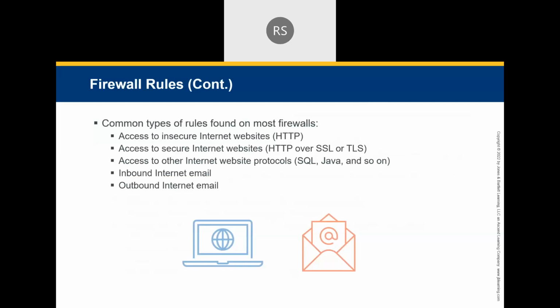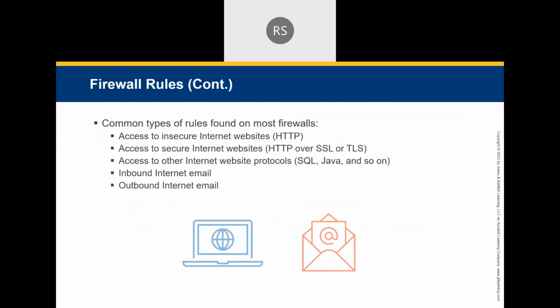Access to secure internet websites uses HTTP over SSL or TLS. This ensures secure communications with websites that are critical for protecting sensitive information during online transactions. You also have a rule for access to other internet website protocols like Java, SQL, and so forth.